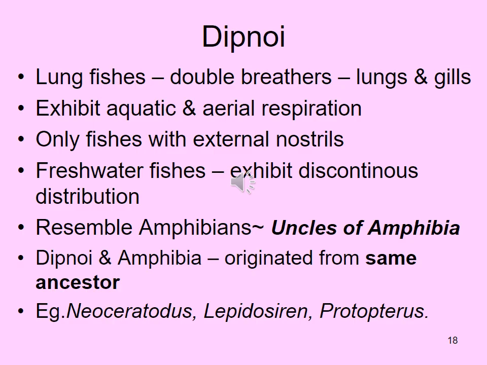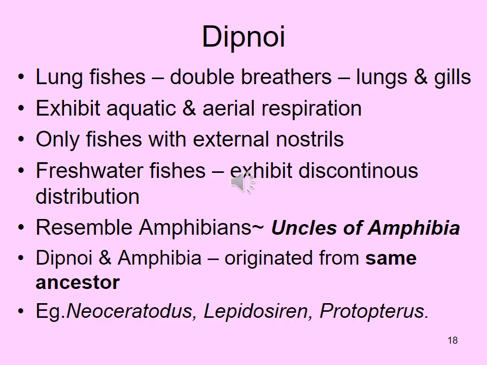The order Dipnoi includes the lungfishes, which means they are double breathers. They possess both lungs as well as gills for the purpose of respiration. Hence, they exhibit aquatic as well as aerial respiration. Dipnoi are the only fishes with external nostrils, and all of them are freshwater fishes, and they also exhibit discontinuous distribution.